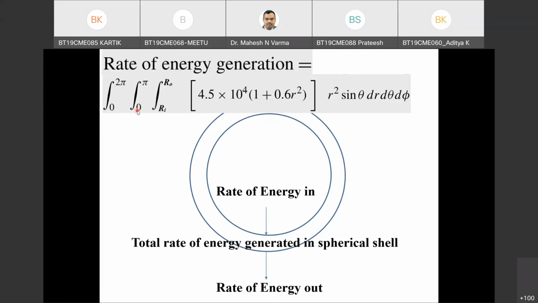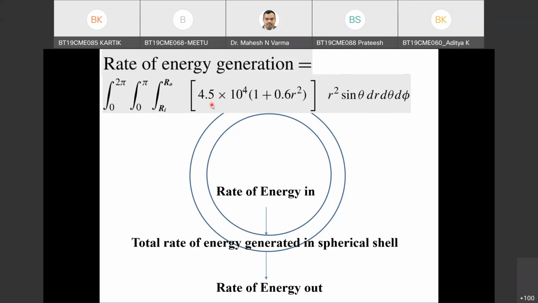It is constant over 0 to pi and over 0 to 2 pi, so it is not changing with theta and phi. Because this is spherical coordinate system, if you remember the volume of a sphere in spherical coordinates, r square sine theta will come, and I want to sum it over a given volume.